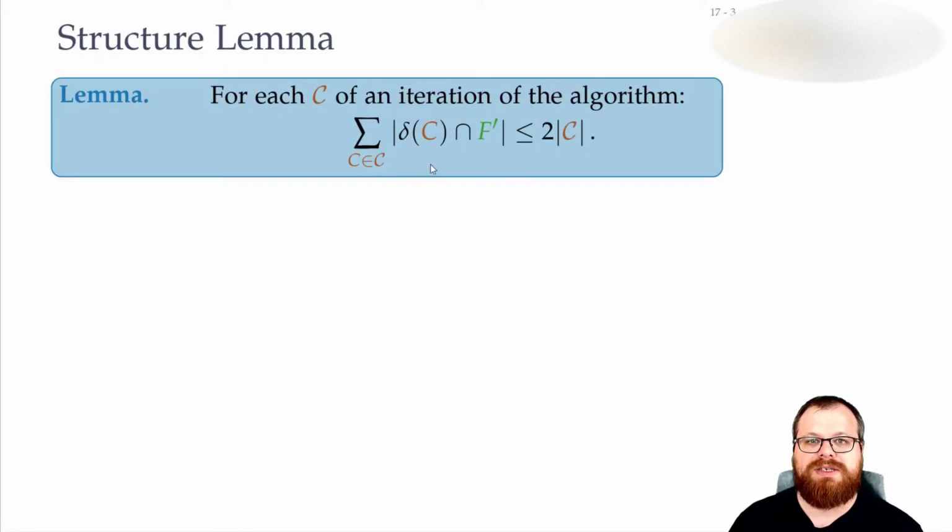If you remember, that was exactly the approximation factor that we got from our previous version, the naive Primal-Dual. There we showed that this can be k, but now we can show that we get to a factor of 2. So we want to show that for all these components in the current iteration of the algorithm, there are on average at most 2 outgoing edges in the solution we compute at the end.